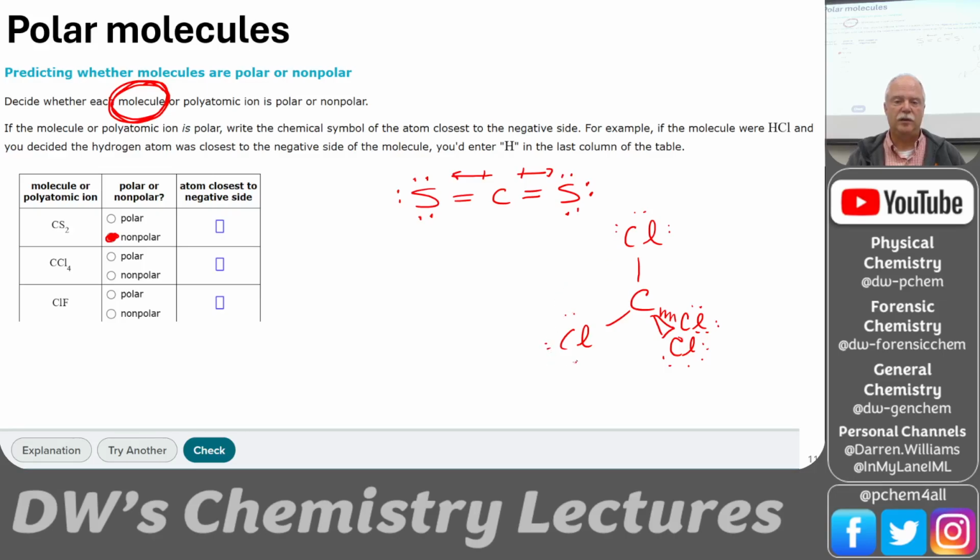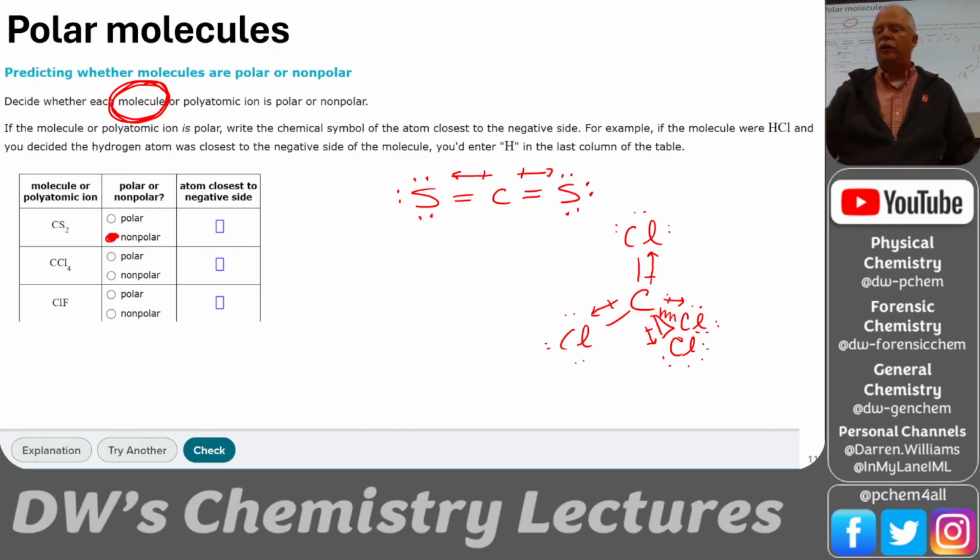Okay, so there's all of our carbons and all of our chlorines, and each individual bond is polar, pointing out towards the chlorine, but one side of the molecule doesn't have any more negative character than the other. All of these little dipoles on the bonds are kind of like 4 bungee cords, and they're all canceling each other out. So this molecule is nonpolar because it's so symmetric. So we would mark that one as nonpolar.